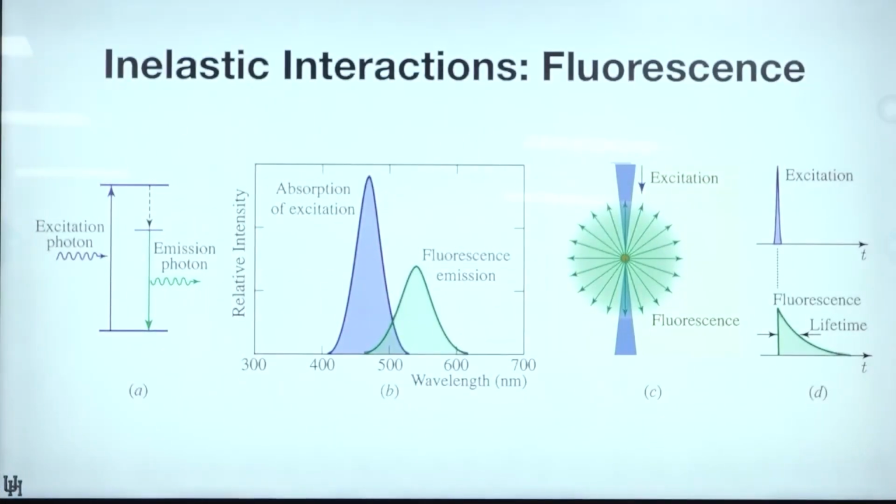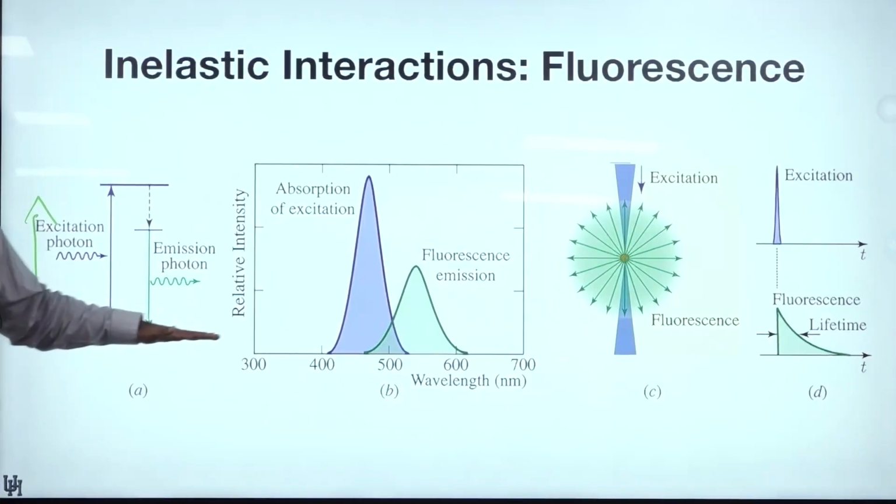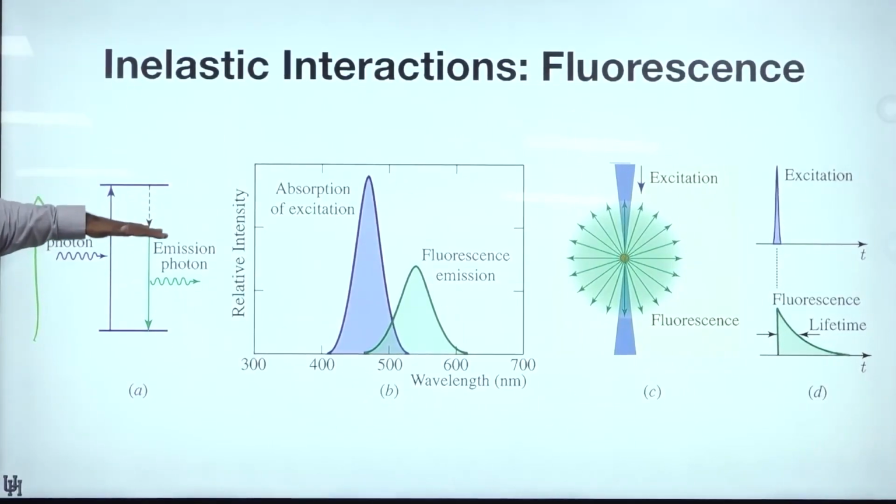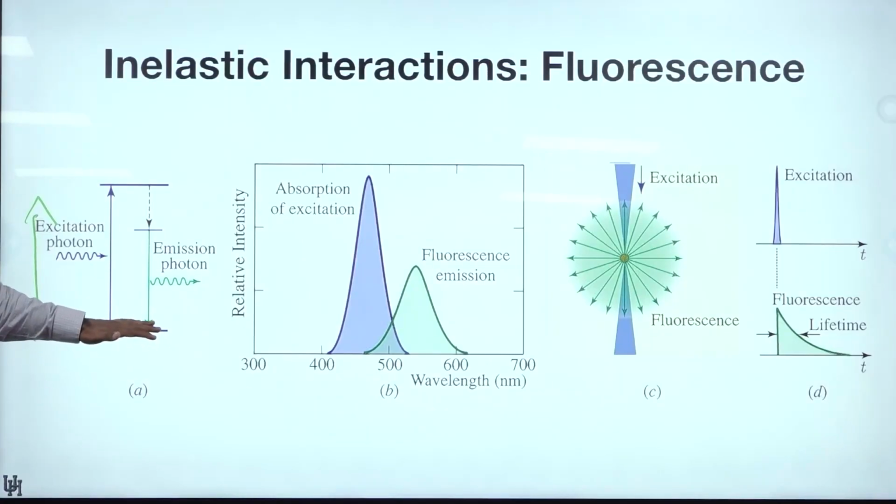The electron is getting excited. There is the ground energy level before. When it absorbs, it goes to a higher energy level. After that, it comes down, as there are multiple energy levels inside, to a different energy level, and then from here it emits another photon.